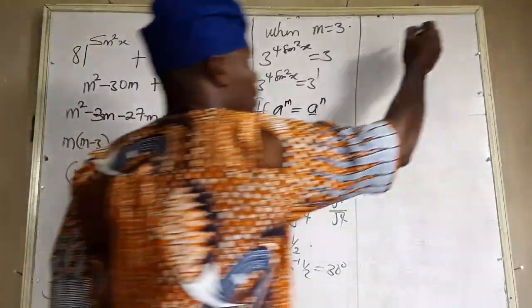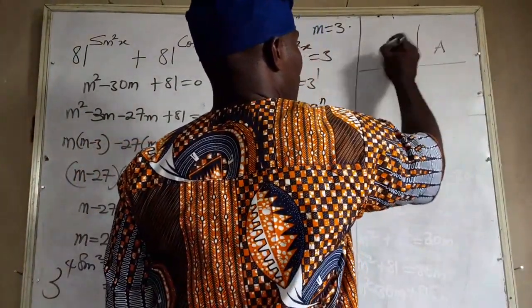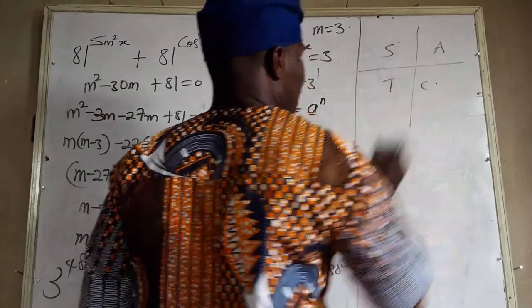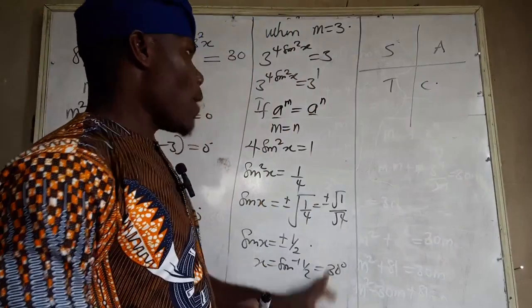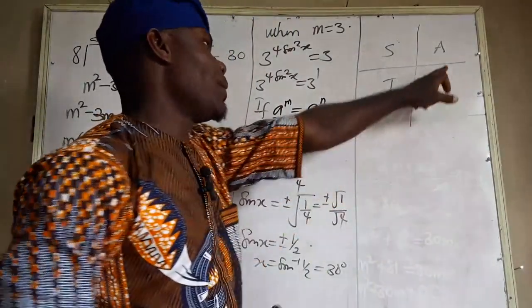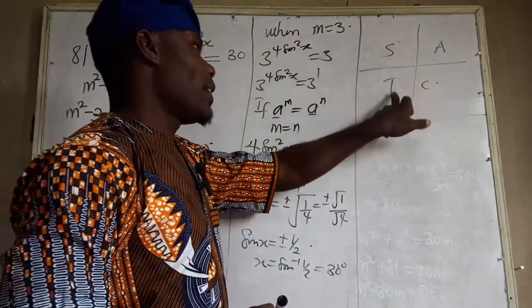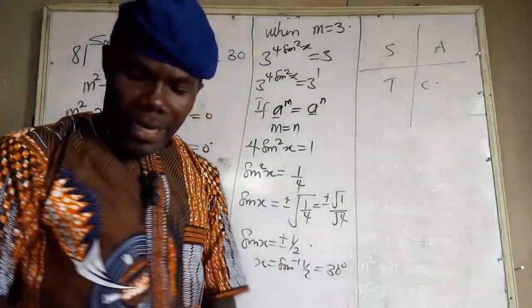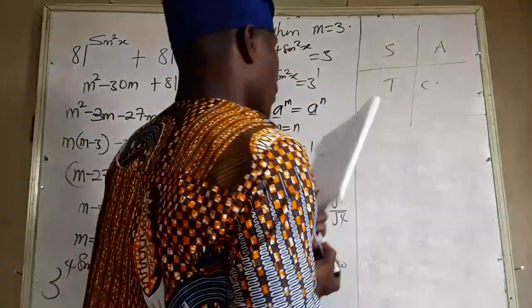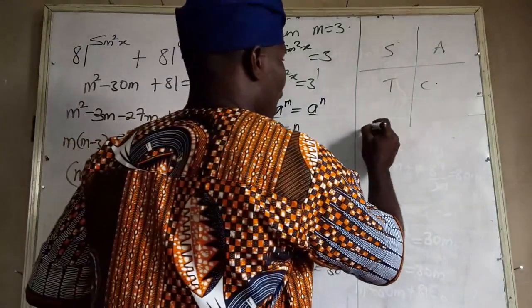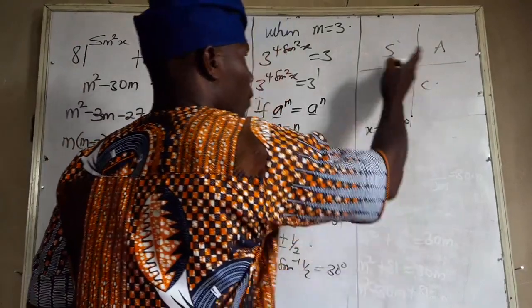Now, you have to consider the quadrants. We find the value of x, we are getting one value to be 30 degrees, and the second one here, and the third one here. So let's find the values. The first is 30 degrees, when it is positive.